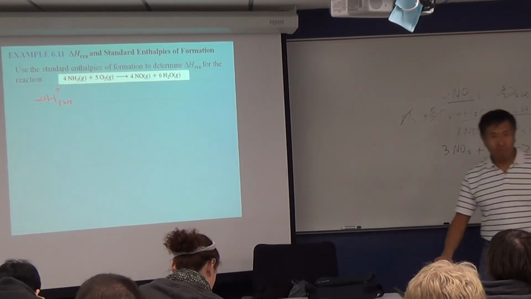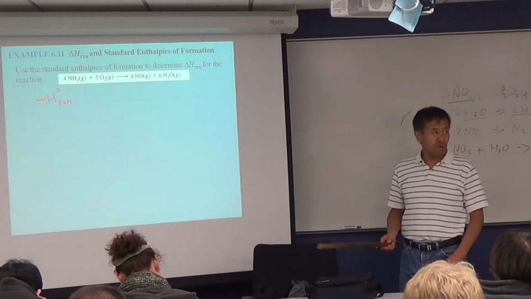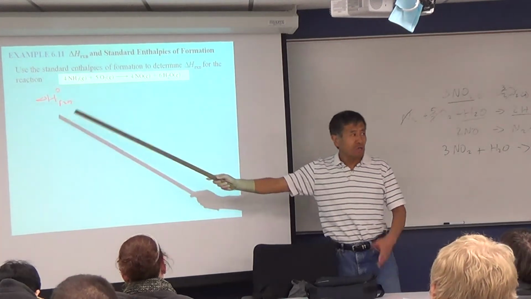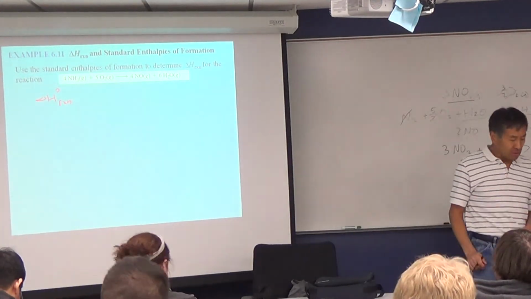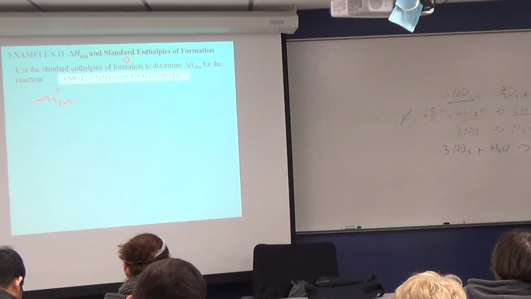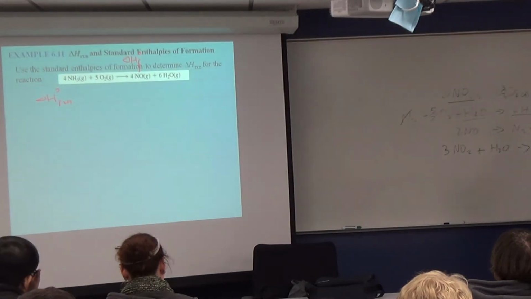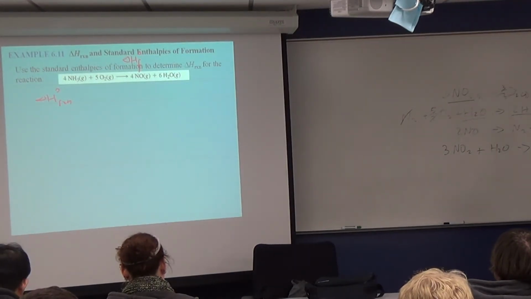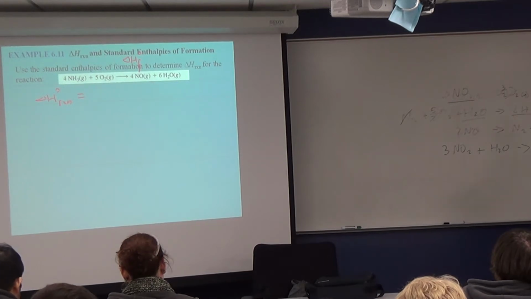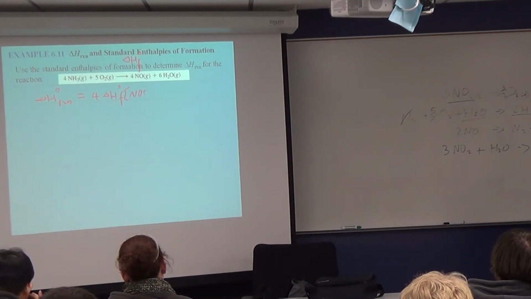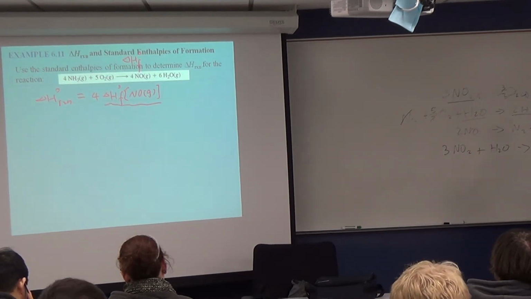This is different from what we saw before. Before, we just found delta H reaction, not the zero-superscript ones. This delta HF is from the standard one. So according to the formula, this equals 4 times the delta HF of that NO gas. You know what this notation stands for.